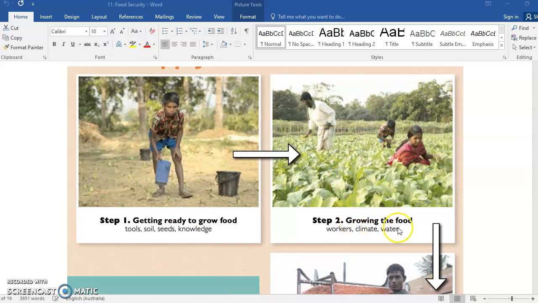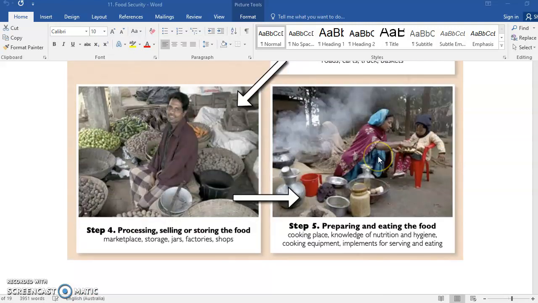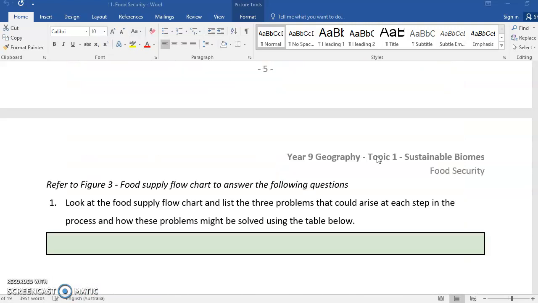Growing the food depends on workers, climate, and water. A problem that could arise is if, for example, there is drought and we don't get rainfall. That's a problem that might stop food from being grown and therefore might impact food supply. That's what it's asking you there.